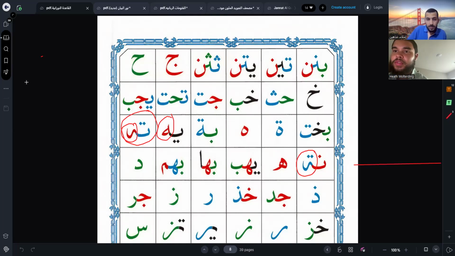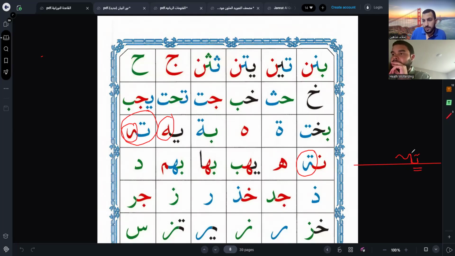So the difference, again, now, if we have a line here, so if it was ya, it would be written like this. Okay, ta, ya. Or the same shape we just mentioned, having it like this. The ya comes down to the letter. But what we have here is actually written like this. Okay, it's close to this.